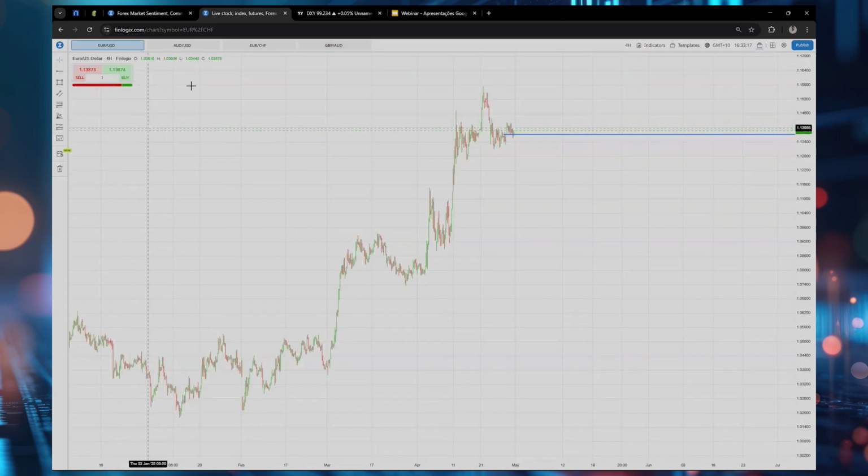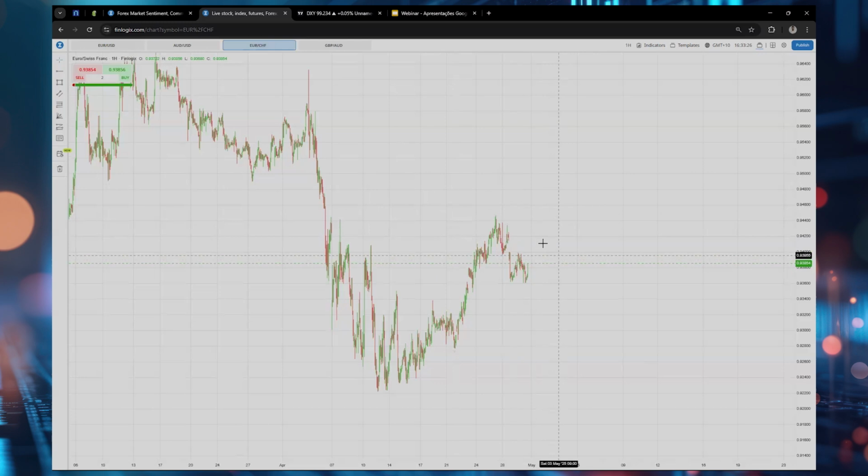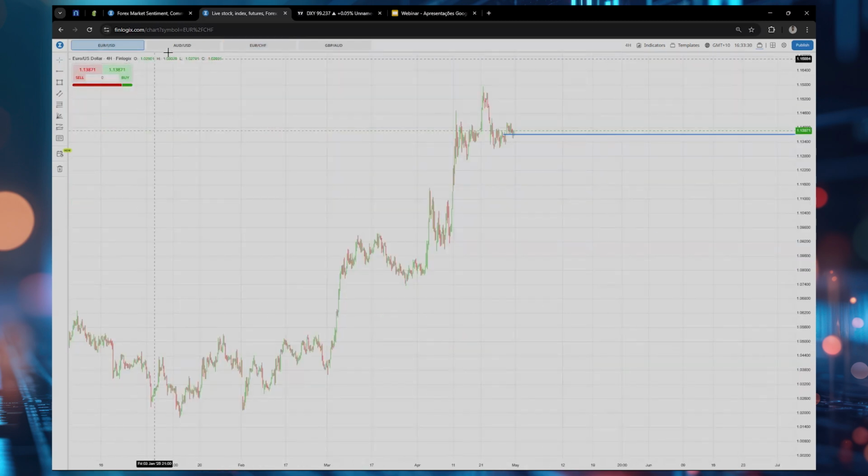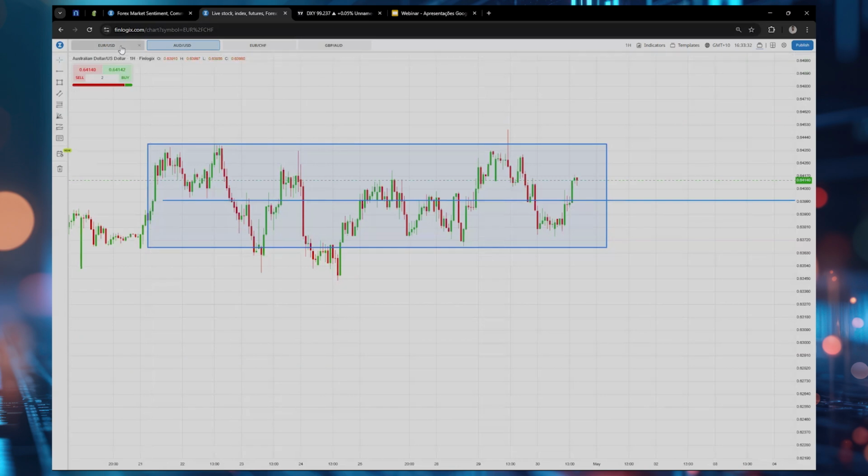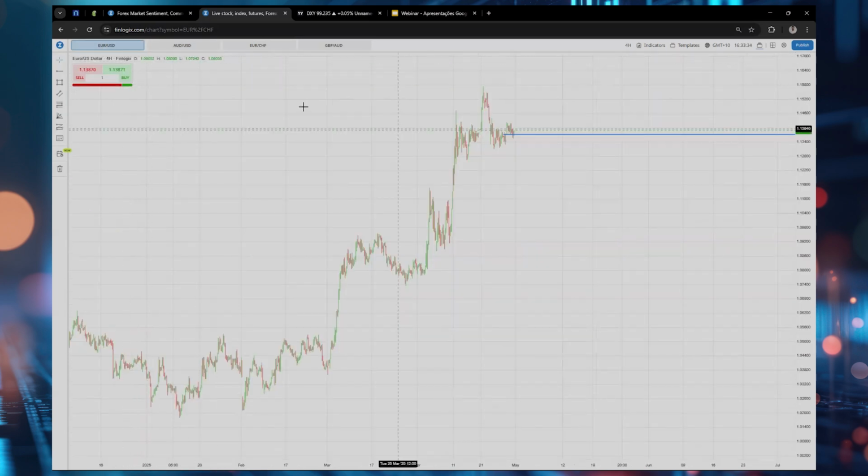First thing is Euro dollar. There's another euro here, and there's another US dollar here. If we're looking to long Euro CHF, we would likely be longing Euro dollar. If you want to long Australian dollar, we would likely be long Euro dollar.